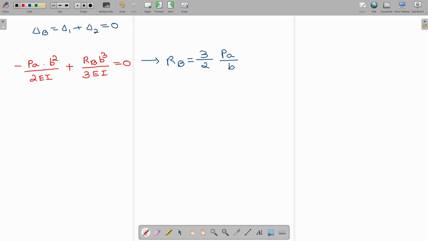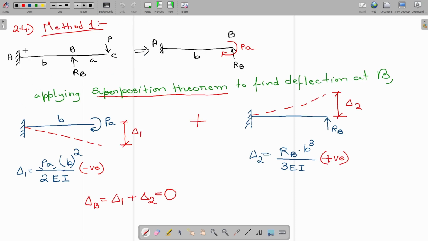Now for the next step, we are going to consider moment about A, that is from the fixed support. This is point A, this is B. Here we are going to consider summation of moment about MA.